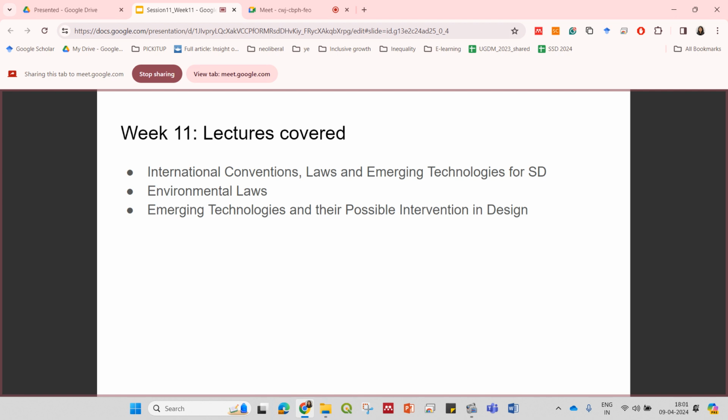Next lecture would have been on environmental laws, in which you would have studied various laws, both international and nationally applicable laws and related rules and regulations that form the regulatory basis of how sustainability is managed and promoted, both internationally and within our country.